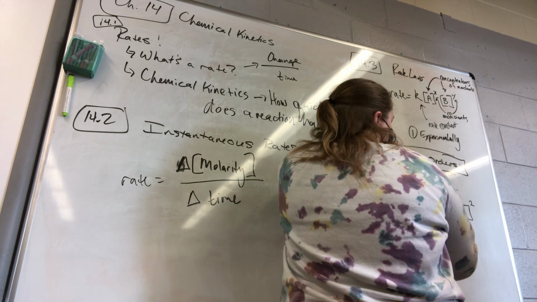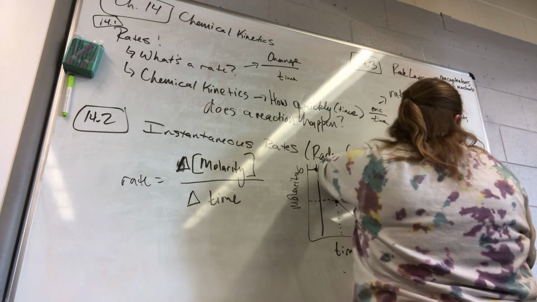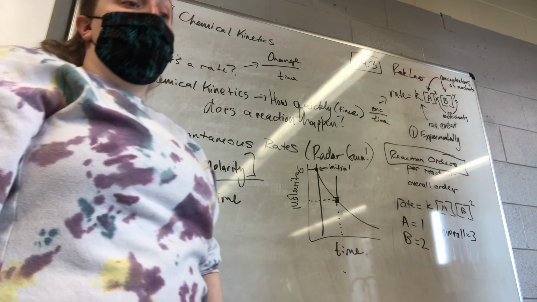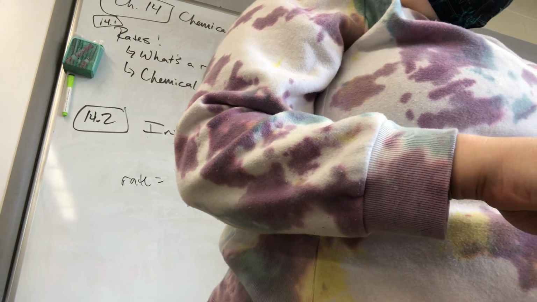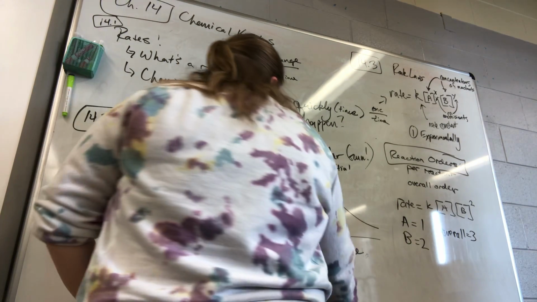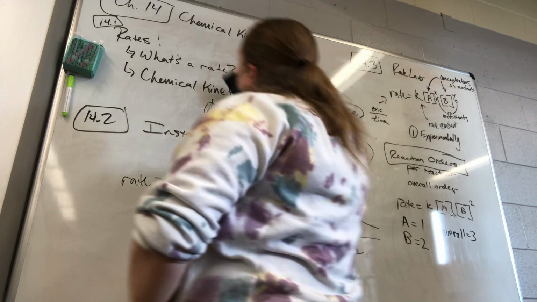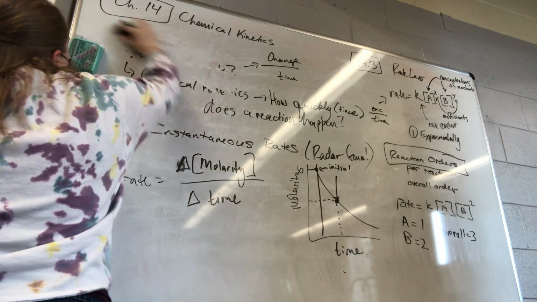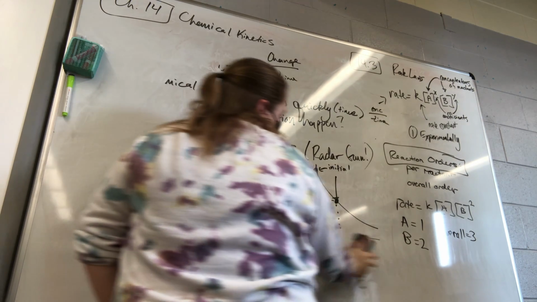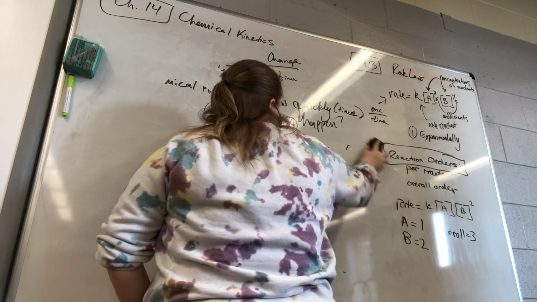B? Overall, add together. So we just really count 1, 2, 3. That's a lot of work to do that. Aren't you proud that I made you do that out loud?